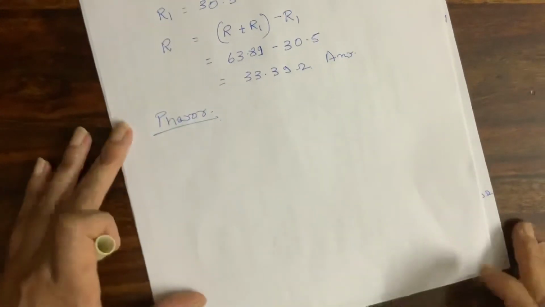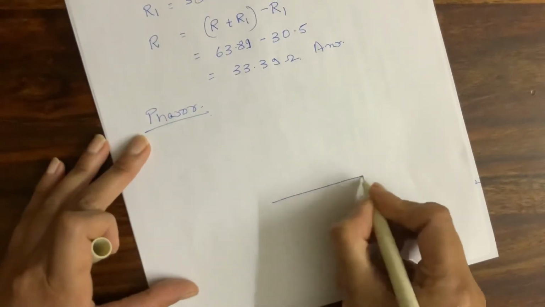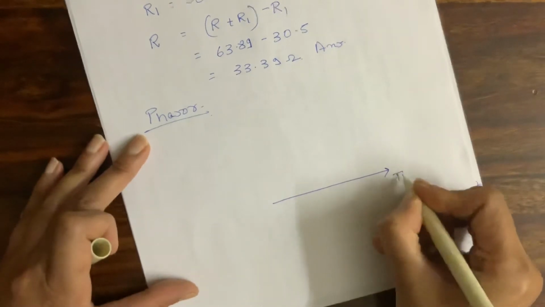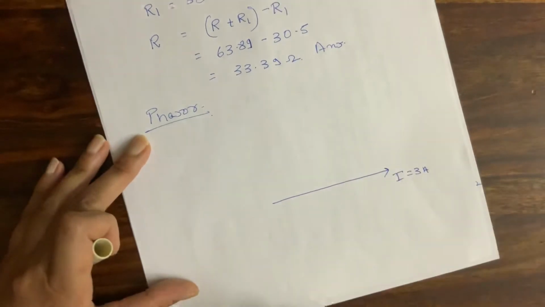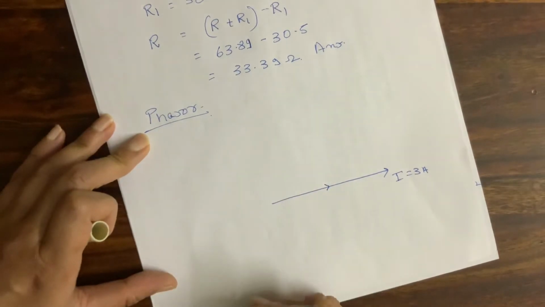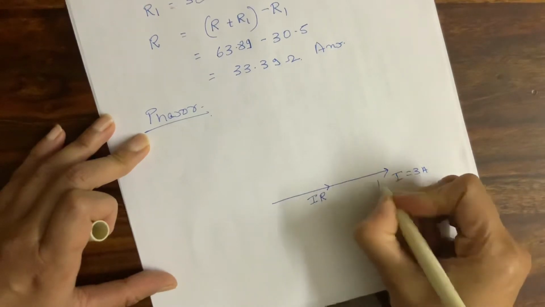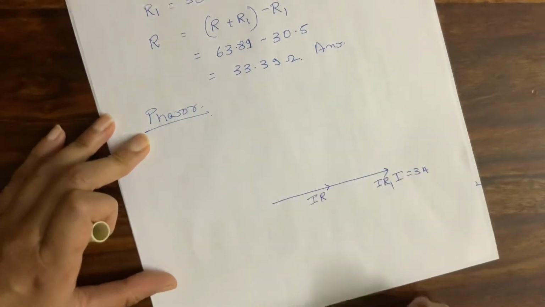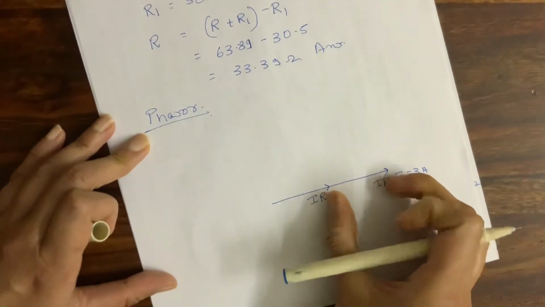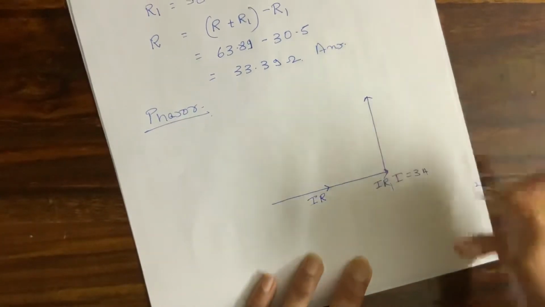Since it is a series circuit, we will take current as the base. So my current is equal to 3 ampere as the base. On this particular current, we get two voltage drops, one due to R and one due to R1. On this R1 drop, there is also a linked XL.